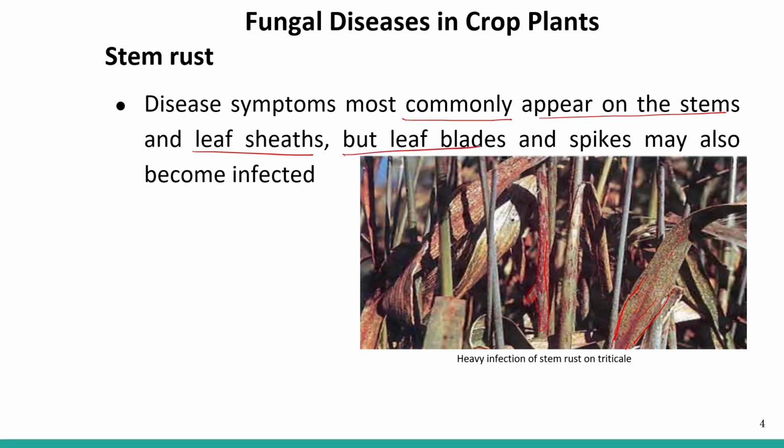But leaf blades and spikes may also become infected when the infection is quite severe. Here we can see a quite severe infection. The whole stem is becoming red in color. The sheath of the leaf is red, and the leaf blade also has scattered red color.